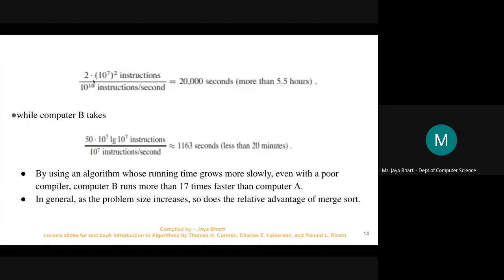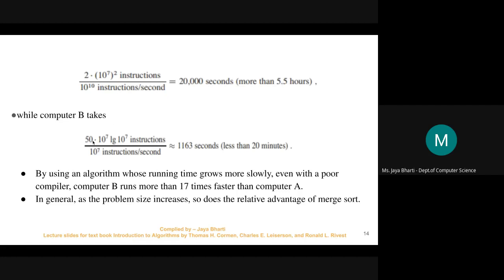This is the 2n square, and 1 billion instructions per second. So it is 2n square divided by 1 billion instructions per second. It will take 20,000 seconds, which means more than 5.5 hours.